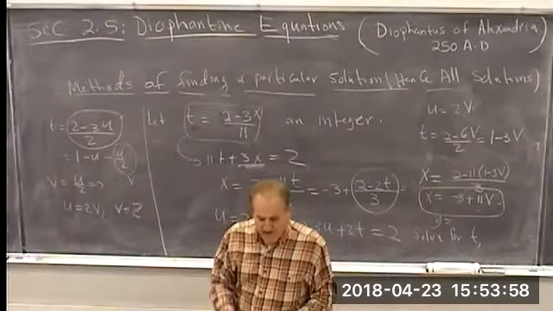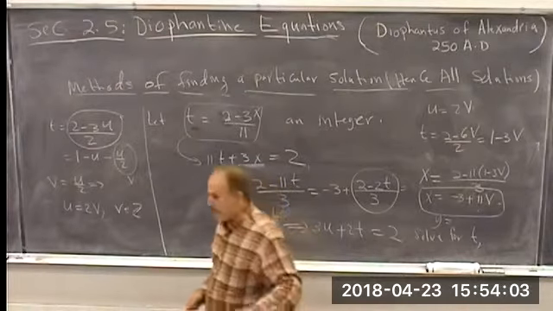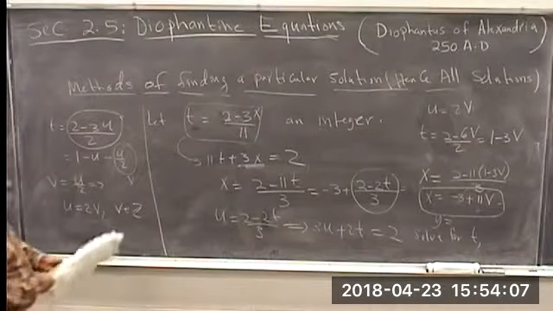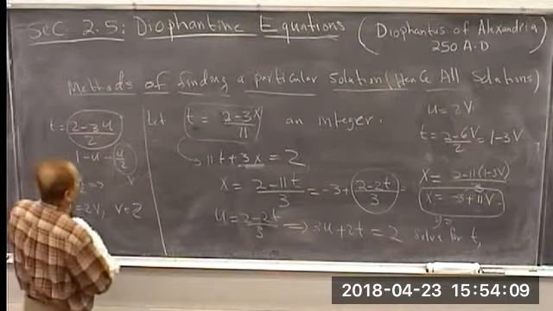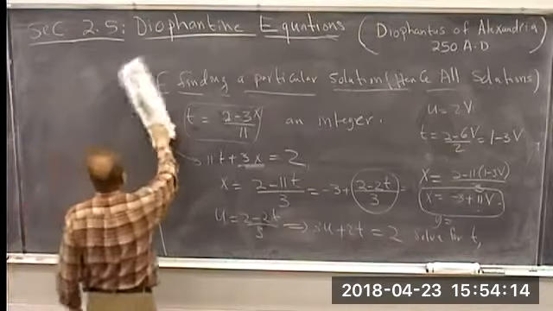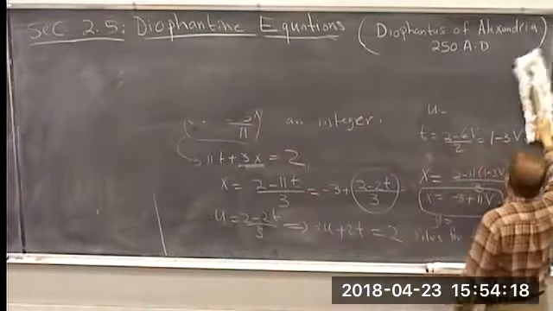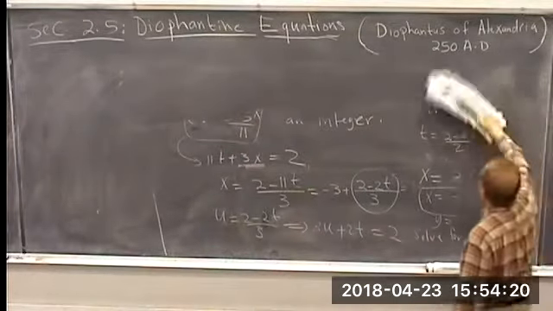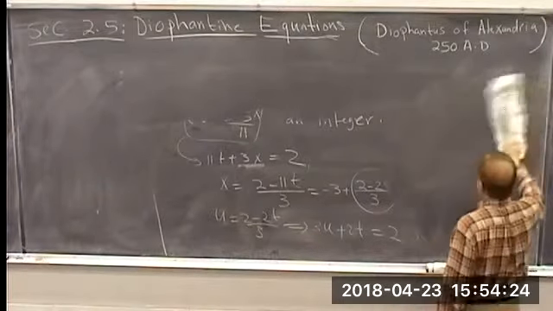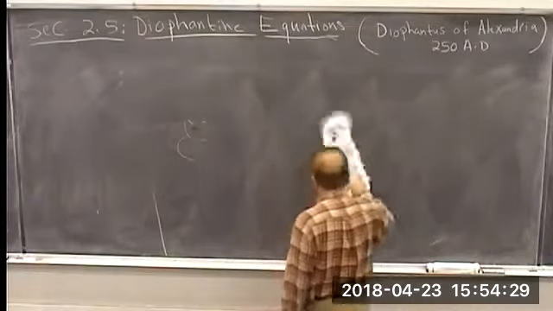All right, our next objective is to look at the positive solutions, or sometimes non-negative solutions, for Diophantine equations in 2 variables. All right? So let me start with a motivating example for why we are interested in positive solutions.